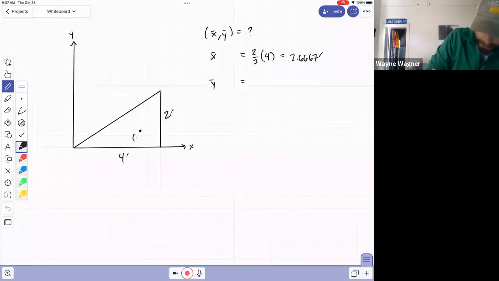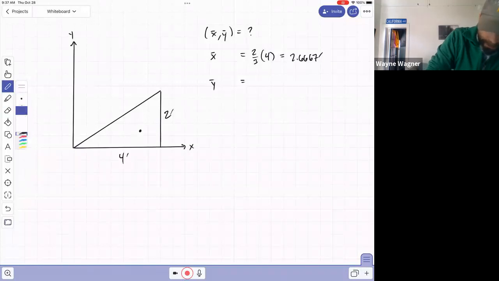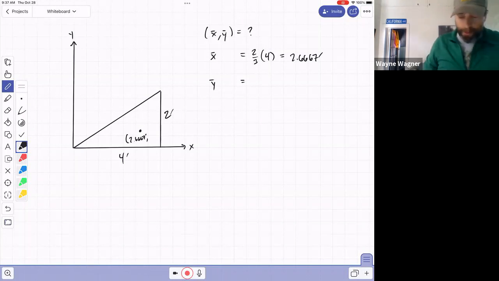In the X direction, it's 2/3 of the way, 2.6667 feet. And in the Y direction, it's only going to be 1/3 the way up, so it's going to be 0.66667. I already know that's going to be the answer.